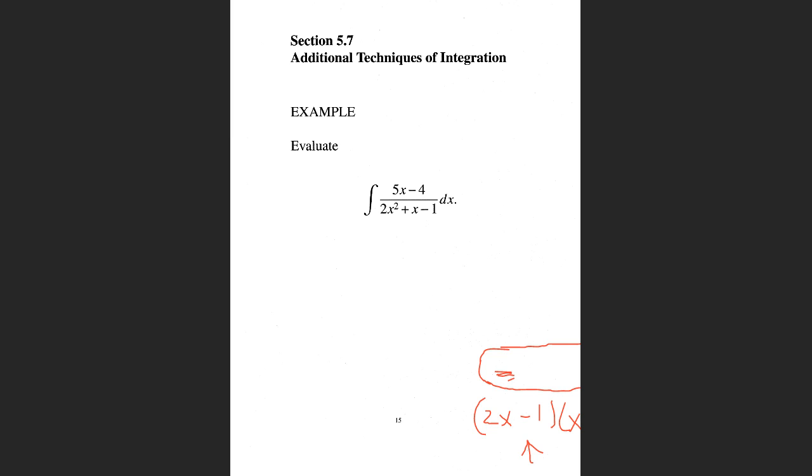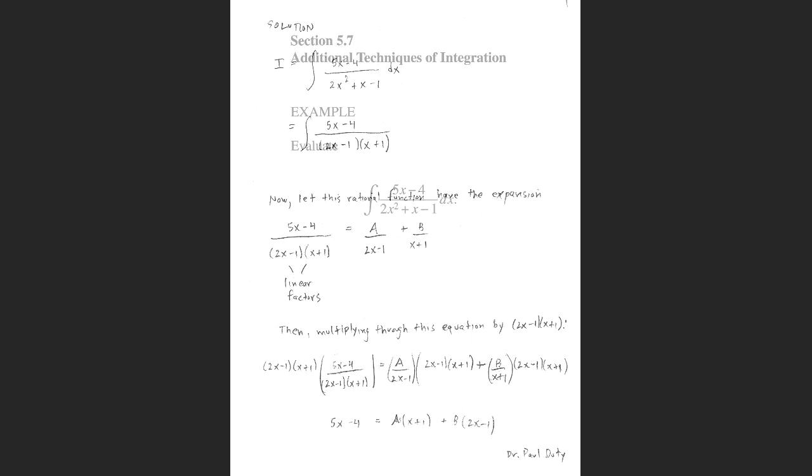I agree. So if you FOIL that, you will get 2x squared plus x minus 1. Good. And so let's go ahead and pursue on.